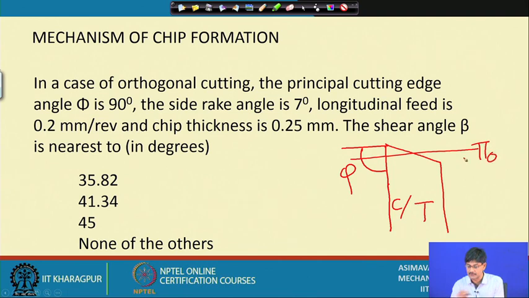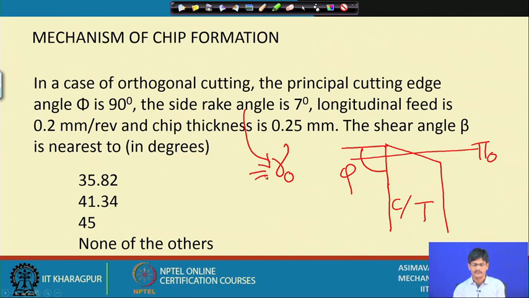This is the trace of the orthogonal plane seen from the top, and therefore, side rake and the orthogonal rake, they become the same angle. Therefore, we can use this value as the value of the orthogonal rake. Side rake is equal to orthogonal rake. So, our principal problem is solved.